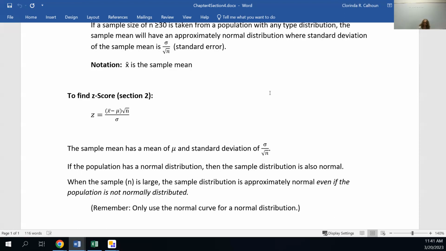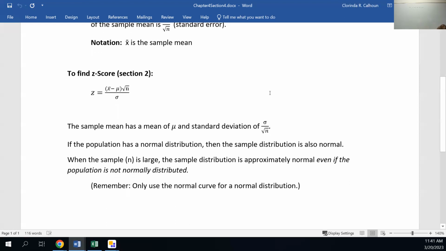The reason we're worried about everything being normal is because you can only use the normal curve whenever you have a normal distribution. So that's why we're concerned with making sure that we're dealing with something that is normally distributed.